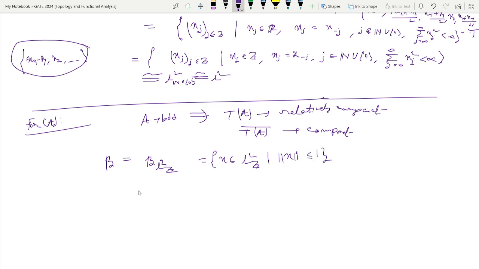And if we take an arbitrary element x belonging to B, then clearly this norm Tx will be the norm of this element.